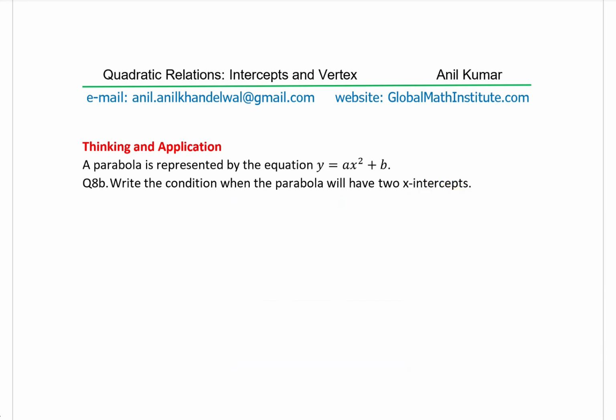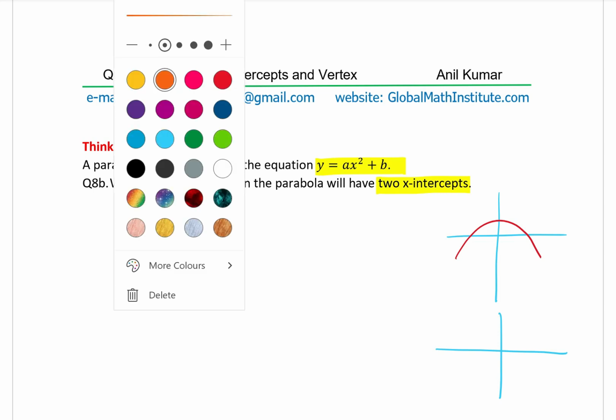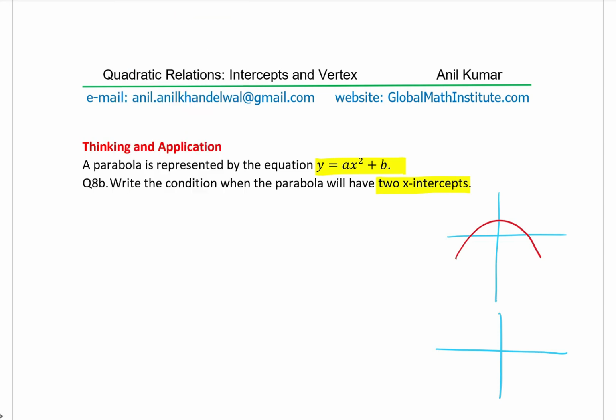Now here is 8b. A parabola is represented by the equation y equals to ax squared plus b. Write conditions when the parabola has two x-intercepts. So think like this. When will you have two x-intercepts? When the condition could be like this, or let me sketch another. Last time also I should have made two different graphs.